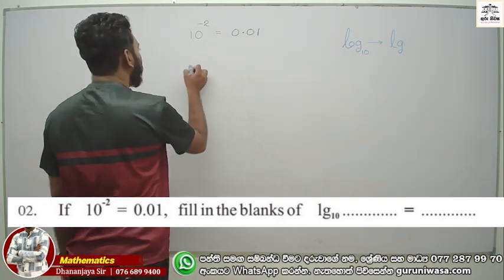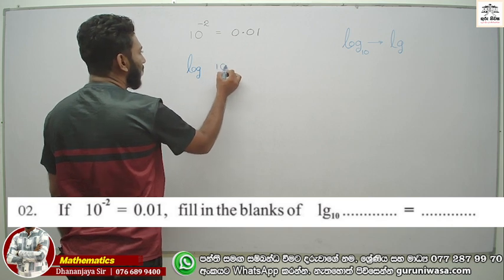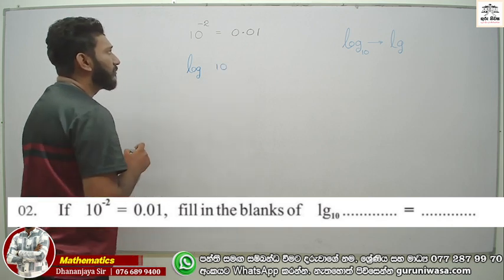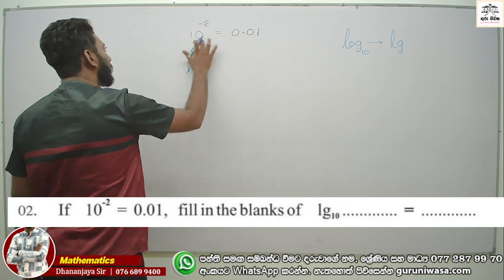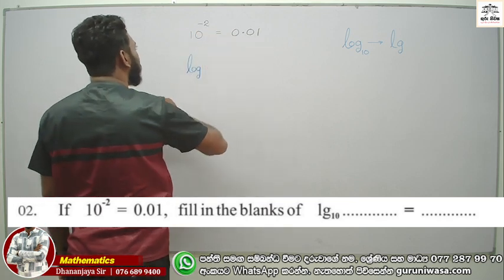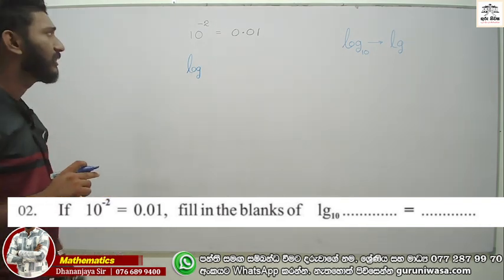Now, the logarithm of the value, right? The base is 10. Now look at this. This is the base. Therefore, this one we call the value. This one we call the index.